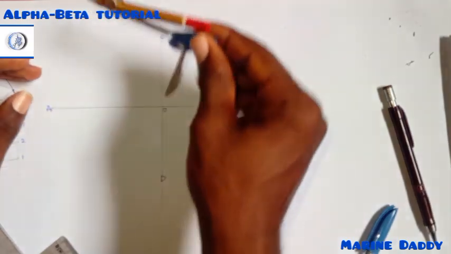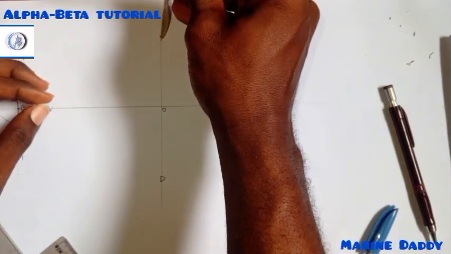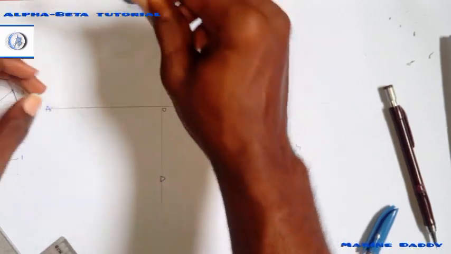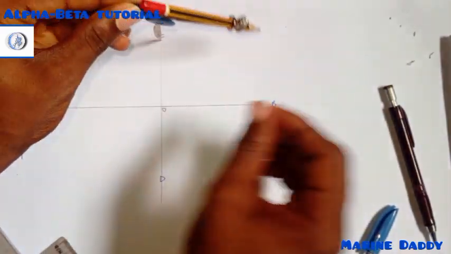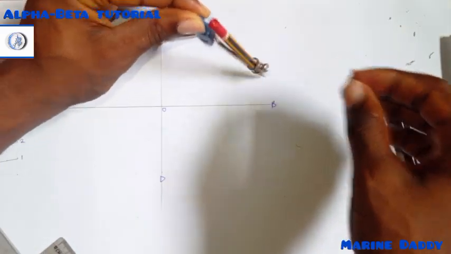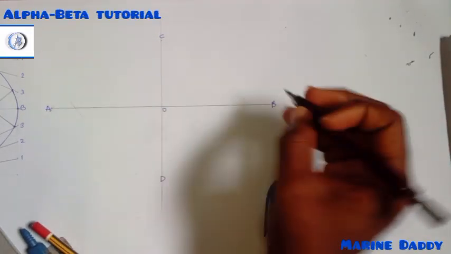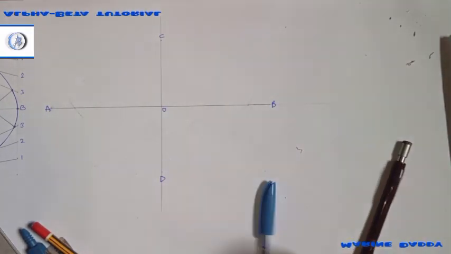Get the length, place it at C or at D, anyone. Strike at line AO and line OB like this. When you strike it, that point becomes your focal point.